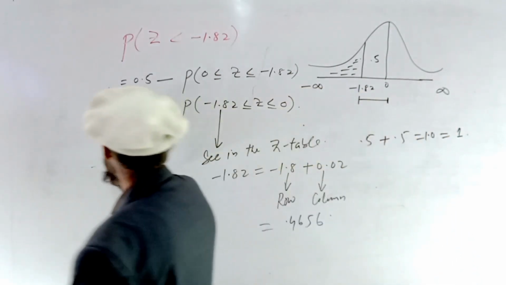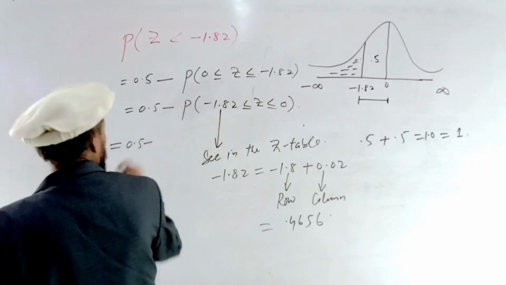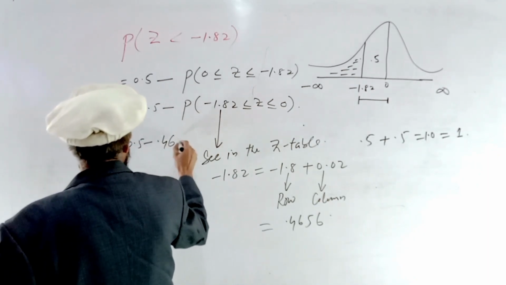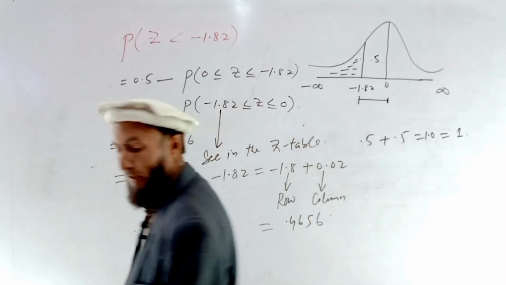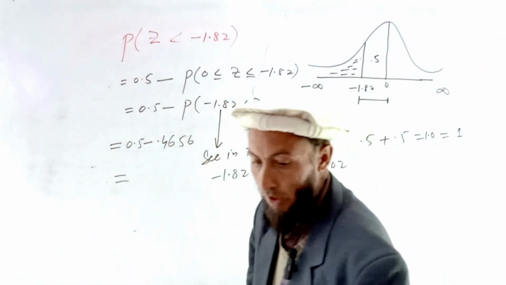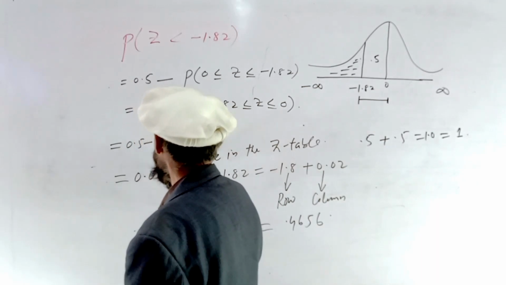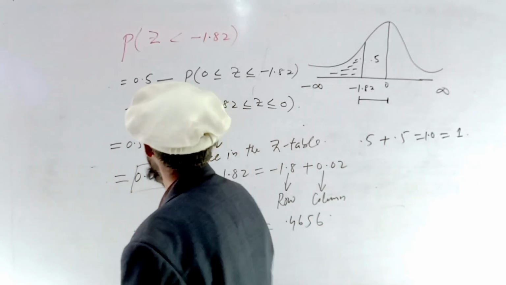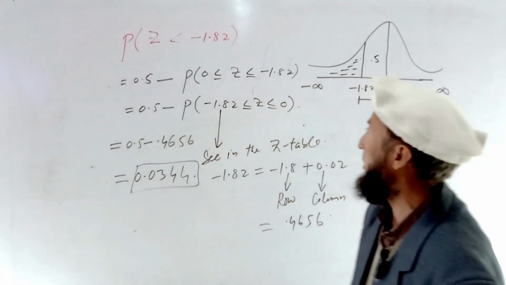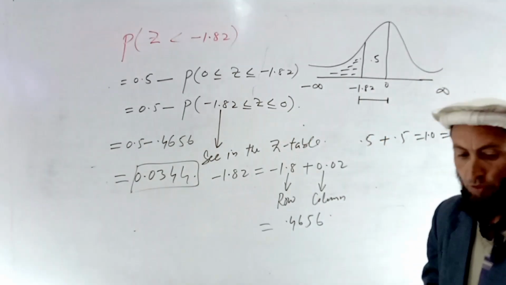Now we substitute this result: 0.5 minus 0.4656. So the answer is 0.0344, which is the required probability of Z less than minus 1.82.